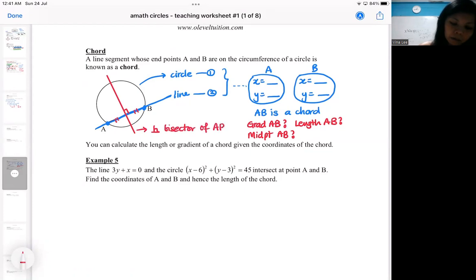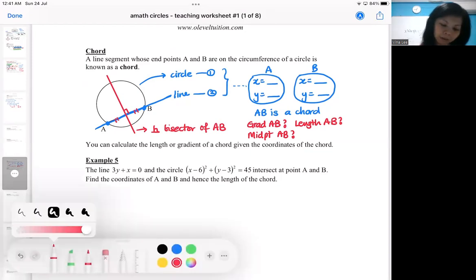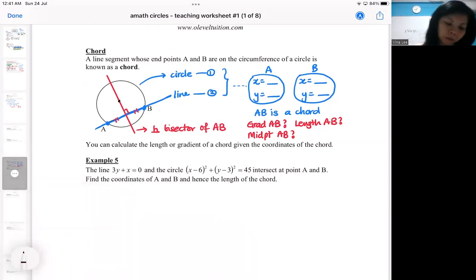In your A-Math coordinate geometry, you should have started with finding the equation of the perpendicular bisector. There are 4 steps for you to follow. So the feature here is that the perpendicular bisector of a chord will pass through the center. It is a property of circles.